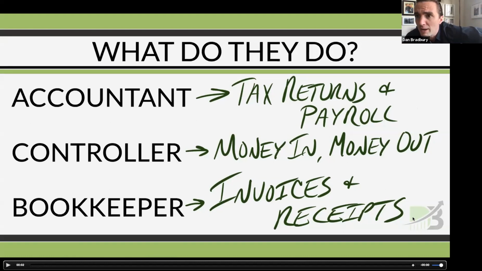And often when I do a distressed acquisition, I see a company that's normally in total financial disarray. And when you track it back, often there's tax problems, but the accountant will wash their hands and say, well, it wasn't my fault. I did the stuff based upon what I was being told by the financial controller.